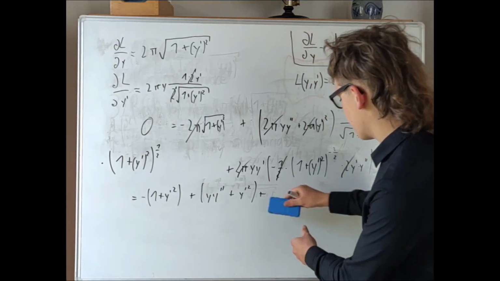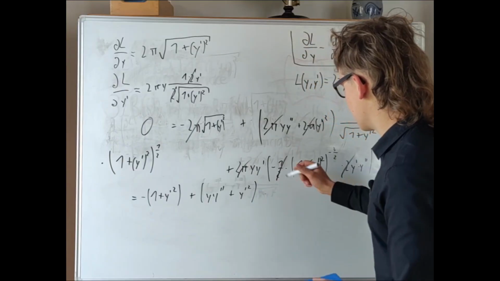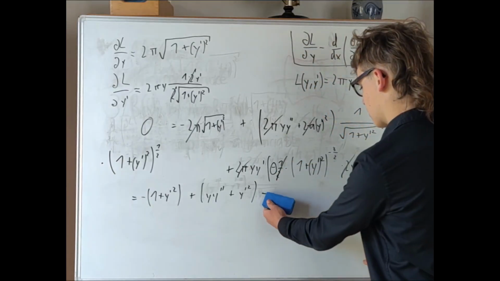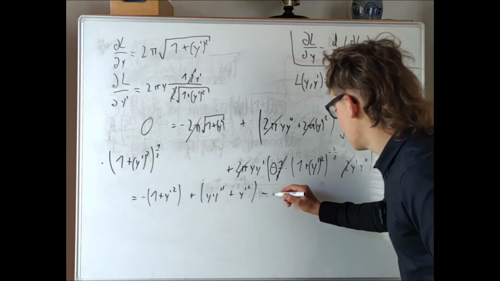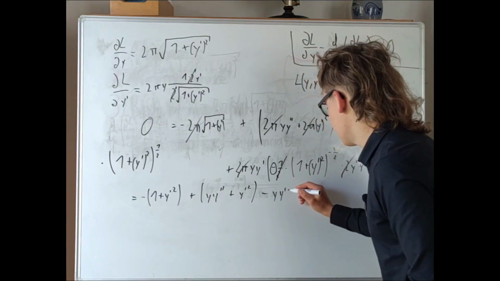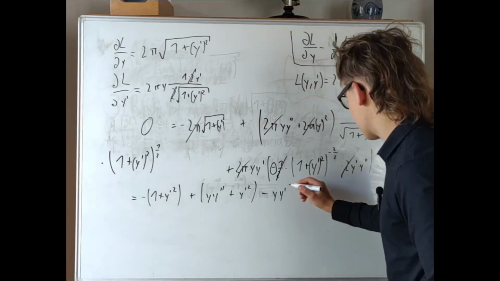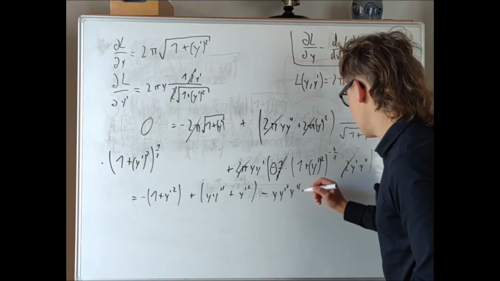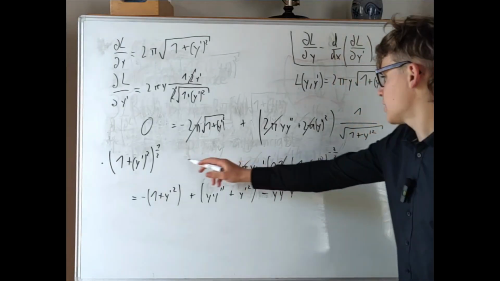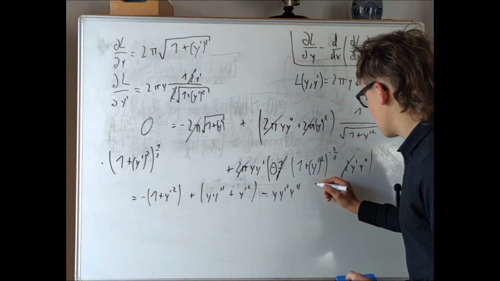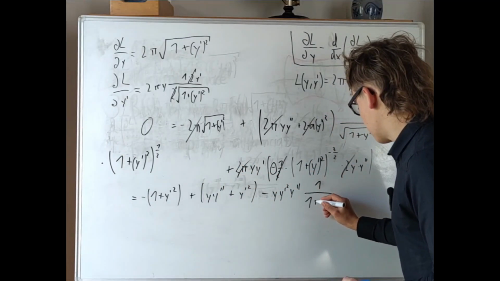And then we subtract, because here's a negative. So we subtract y prime, and then we also have y prime again here, so we have this. And then all of this times 1/2, that's just still 1 over 1 plus y.